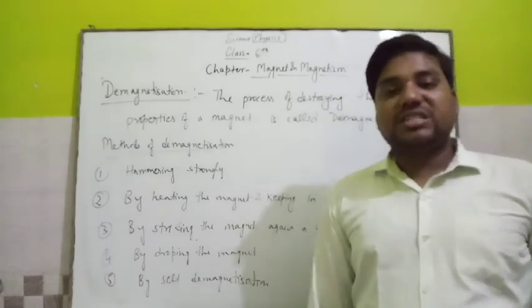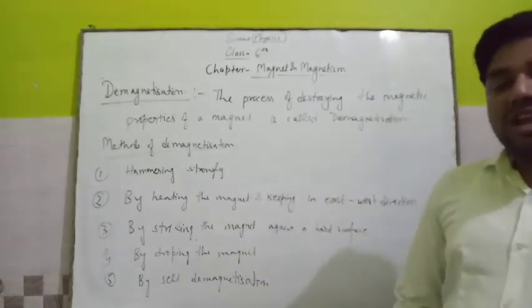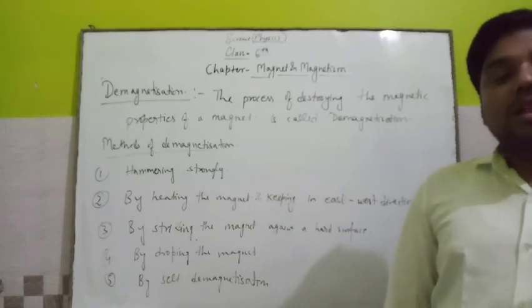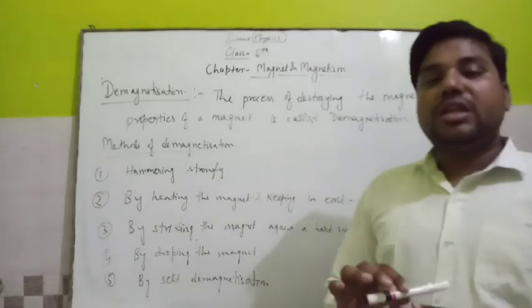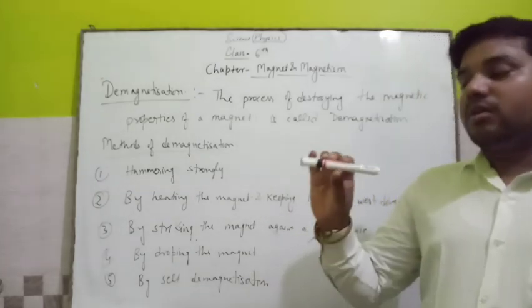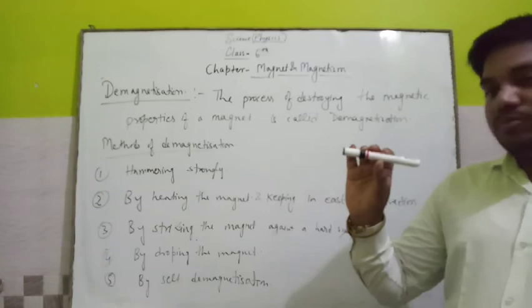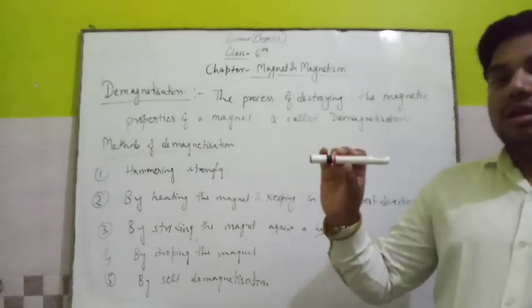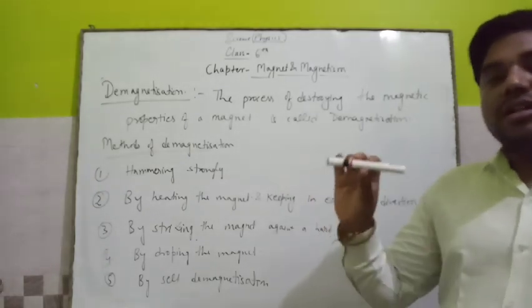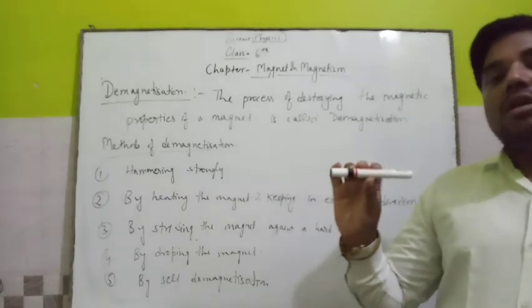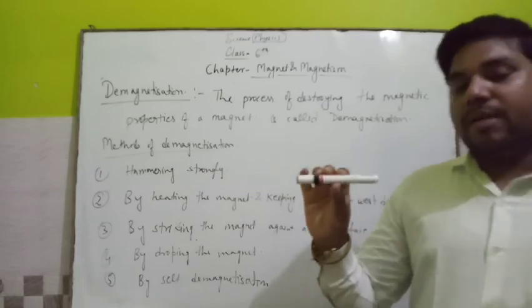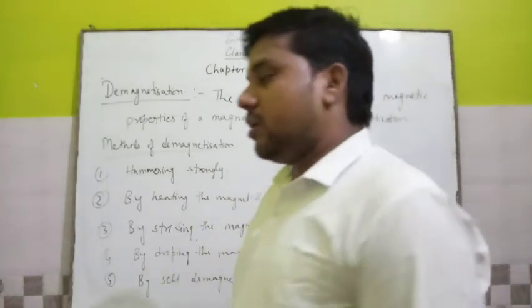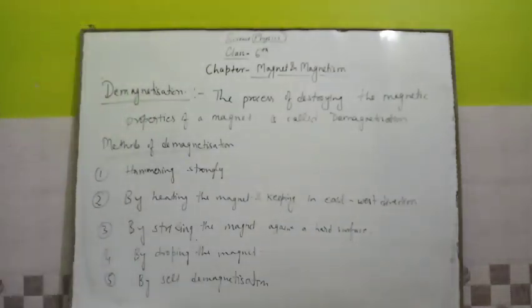Self demagnetization is a process in which the two ends of a magnet are left free, then it loses its property very slowly and becomes demagnetized. Clear? If you want to write it, then write it.